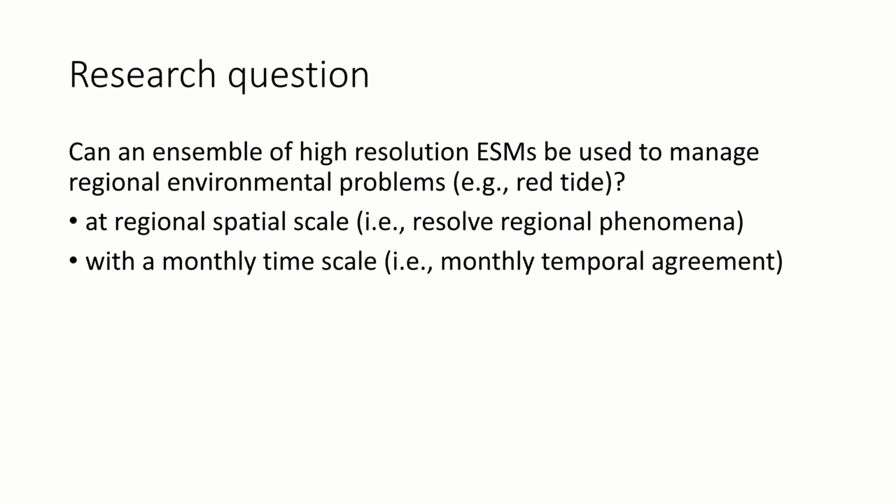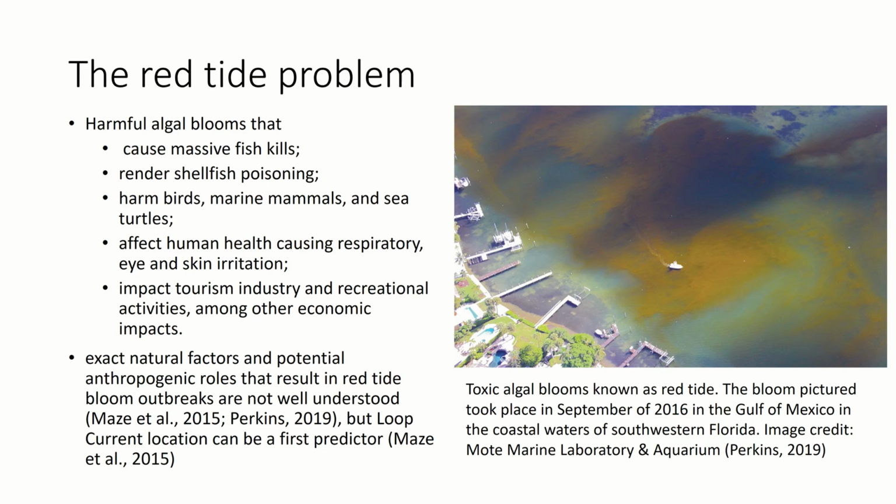The high resolution MIP runs from 1950 to December 2014. So can we have a monthly temporal agreement between what the model simulates and what we observe, like sea surface observations? That's our general research question, and to answer it, we will apply it to the red tide problem.